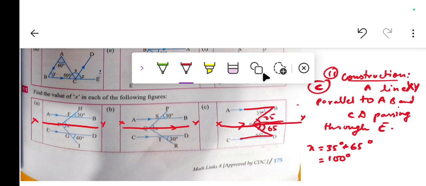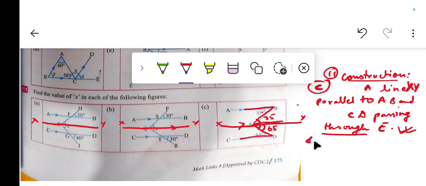But over here we have to show it in a process. The process for this is very easy. I'll just write it down over here. First, you have to write this much as a construction, and then you will write angle BEY. I'm talking about this question only.